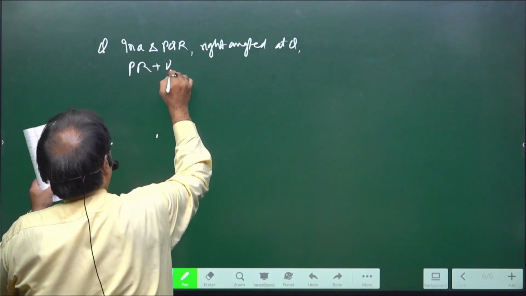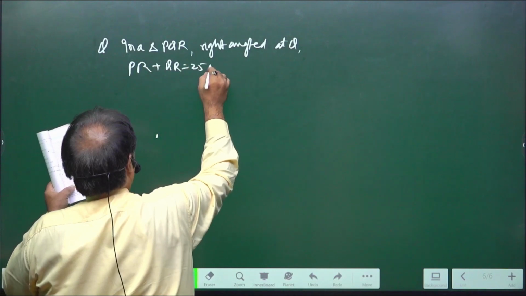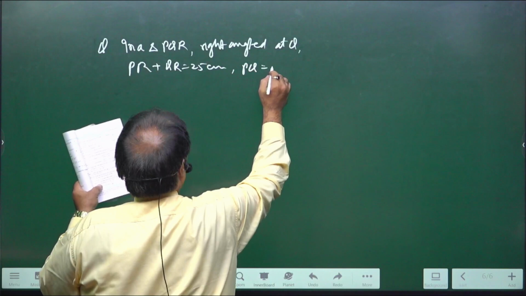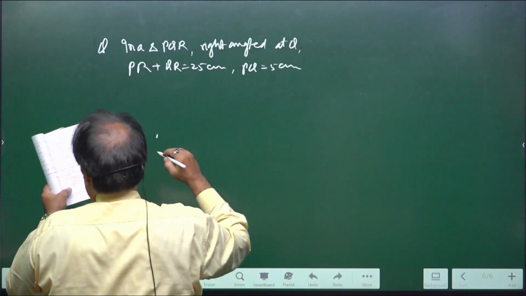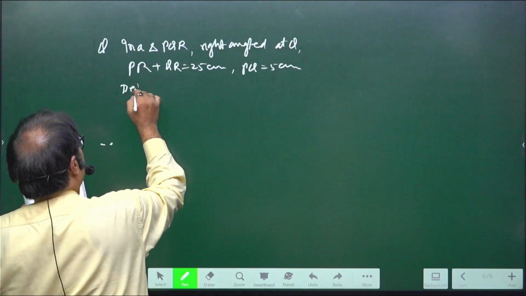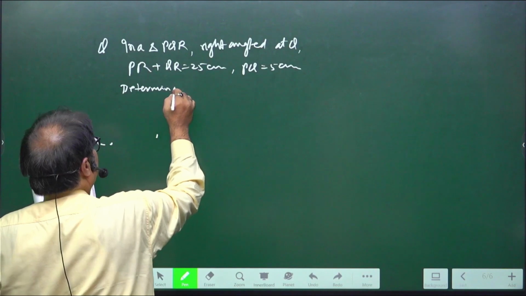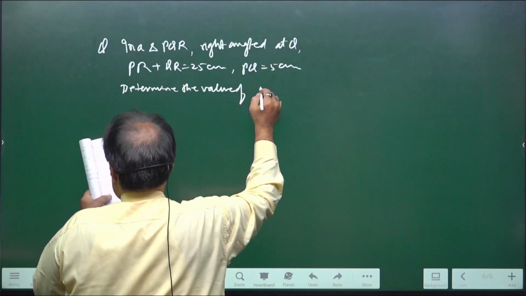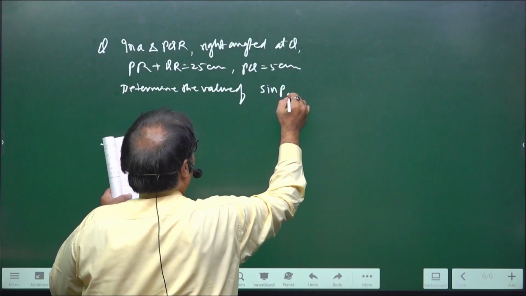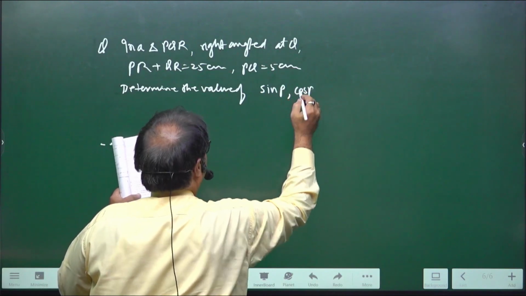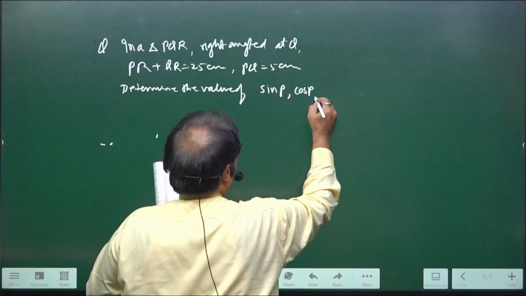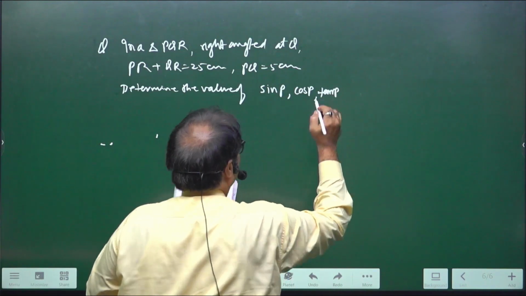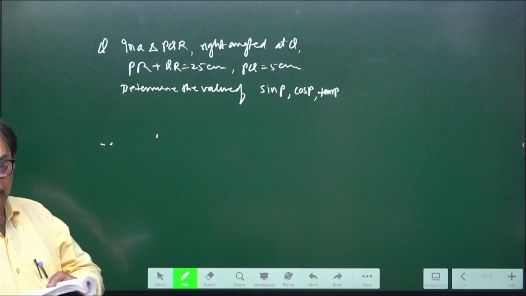PR plus QR is equal to 25 centimeter and PQ is equal to 5 centimeter. Determine the value of sin P, cos P and tan P. This we have to find.